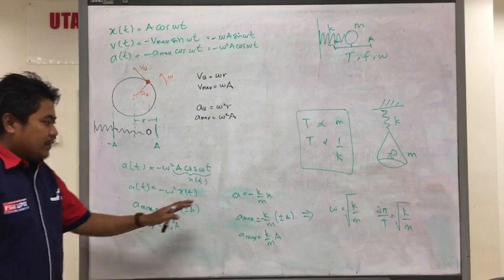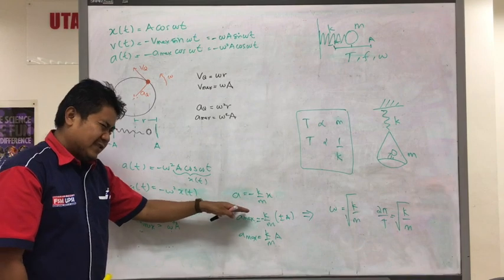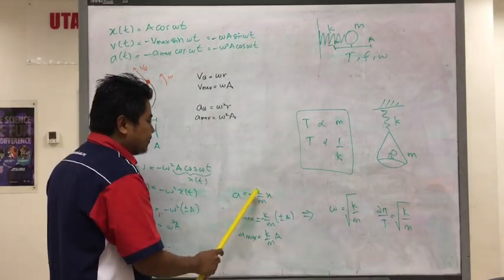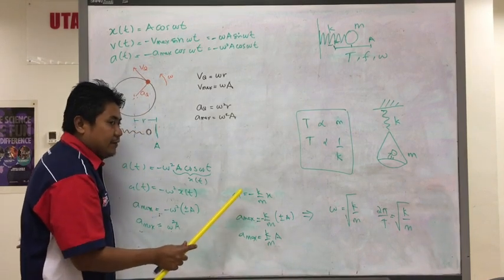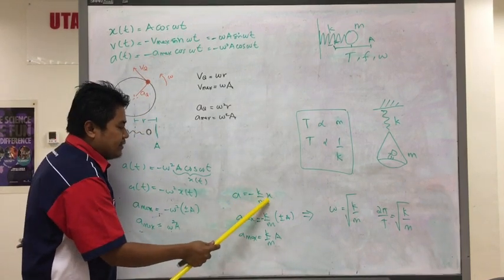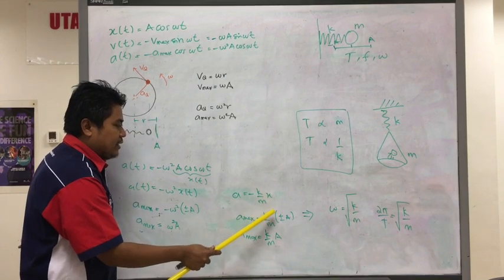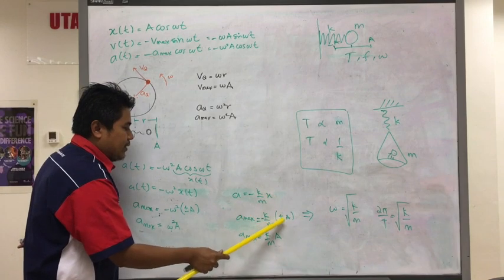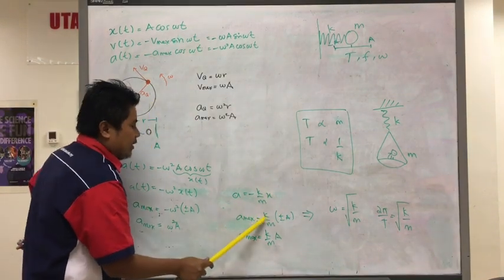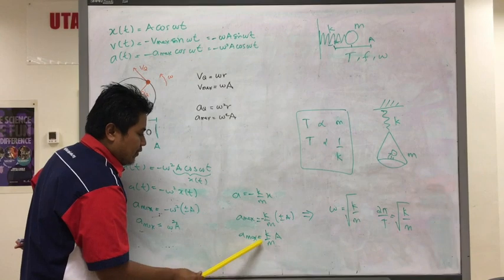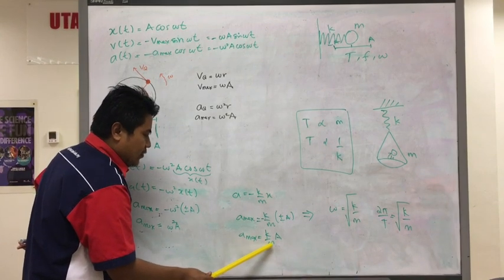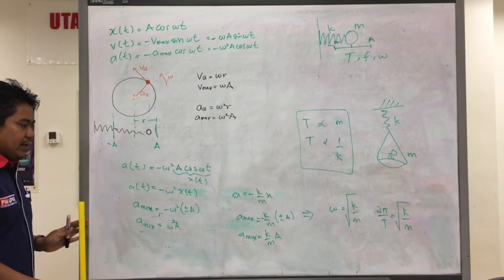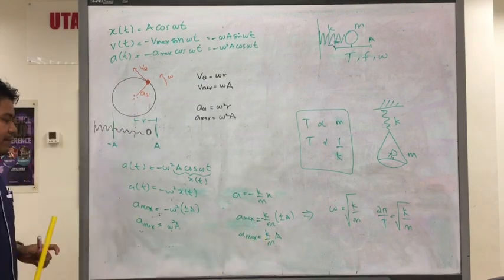Now again, refer to the first lesson about the relation between acceleration and displacement. You have this equation from before. The x is amplitude. That means if we want to find the maximum acceleration, we put x equal to plus or minus A here, and the absolute value of acceleration is kA over m. So you see both are separate, but now we want to combine and compare these two.